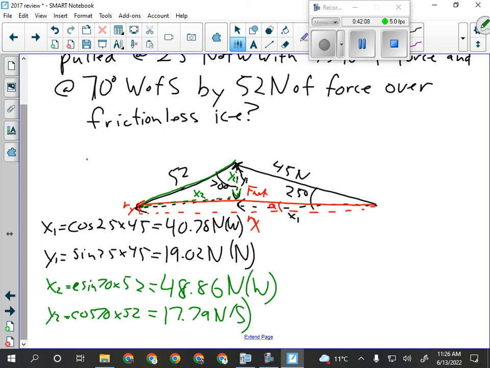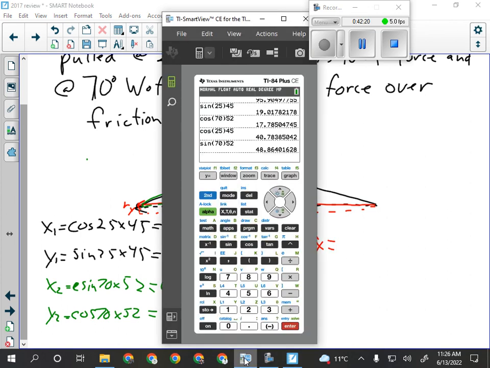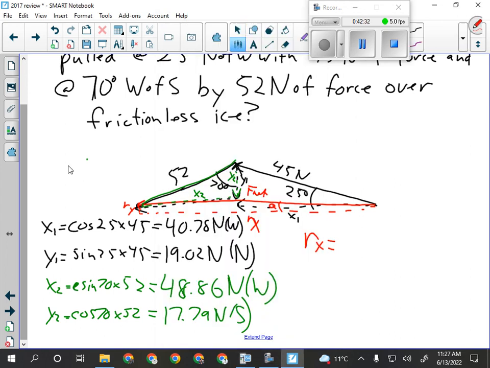Okay, so now that we've got our x and y components for both lines, we need to add them together to get our resultant x and our resultant y. So our resultant x is easy because they're both west. We just need to add them together. So our resultant x is 89.65 meters.